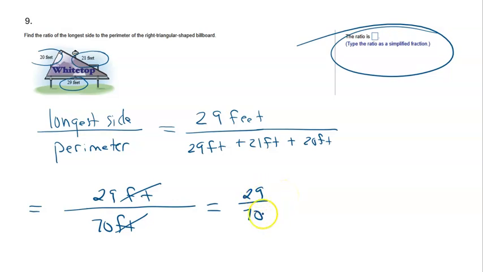And 1 will not simplify a fraction, right? If I divide each of these by 1, I'm still 29 over 70. But I have to make sure that 29 doesn't divide into 70 evenly, and it doesn't, okay? So this is our fraction in simplified form, which I often say lowest terms, but simplified form is what the homework is using.